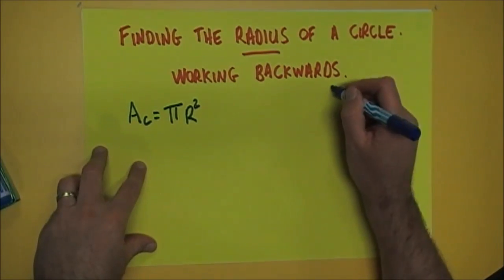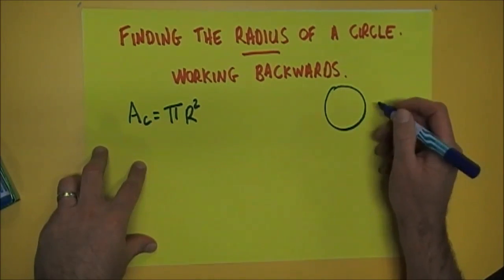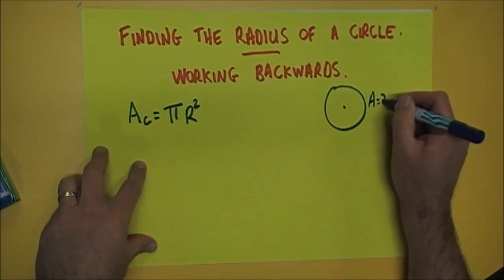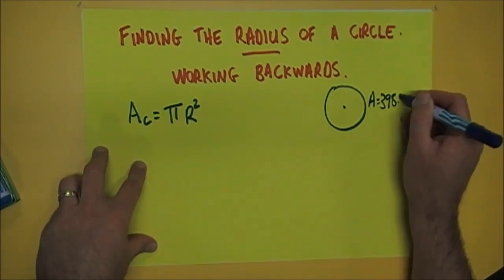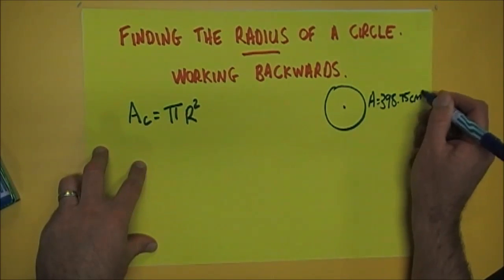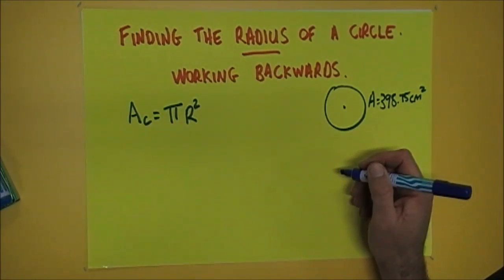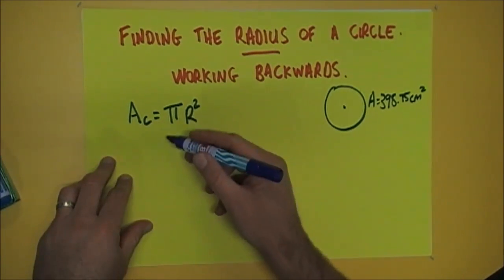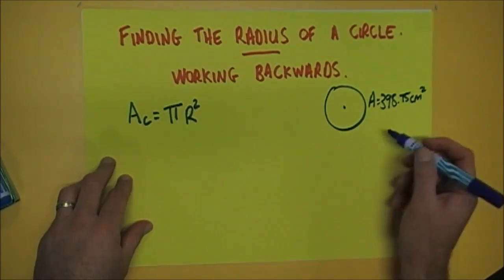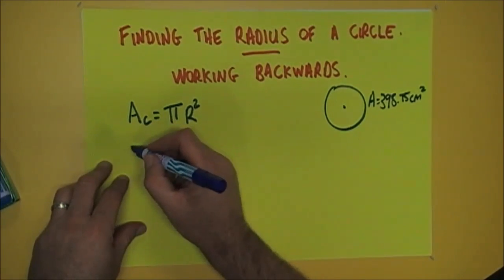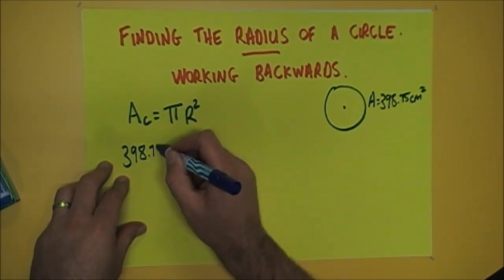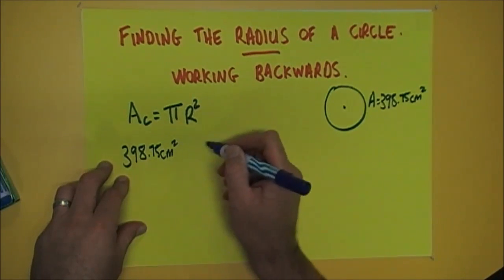Now the information I gave you guys was that we had a circle that had an area of 398.75 centimetres squared. That's the question from the test on Friday. Now if I substitute this formula here with what I know, the area is 398.75 centimetres squared.